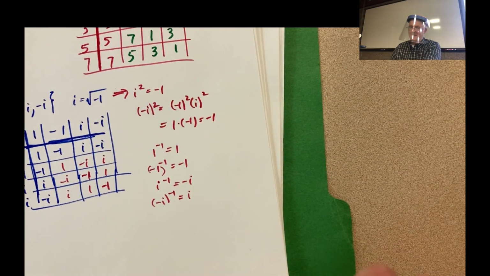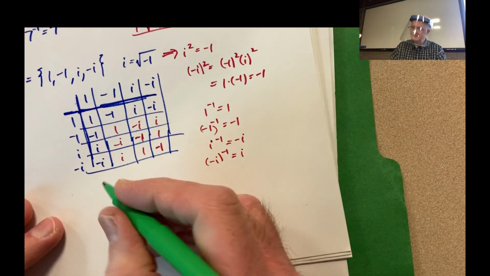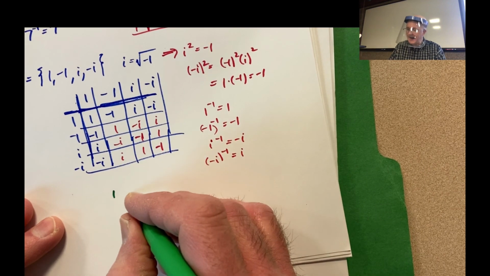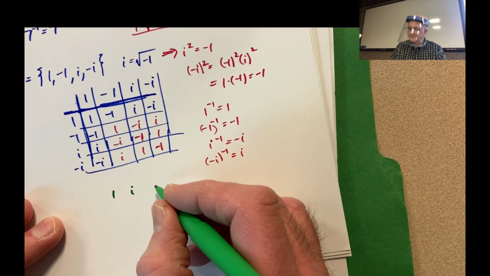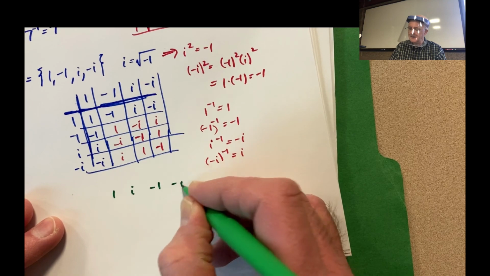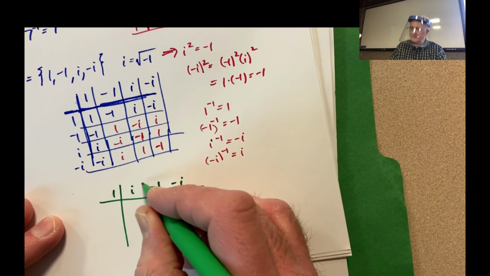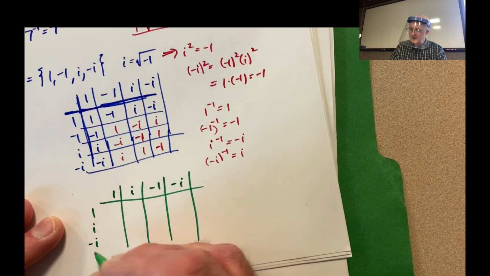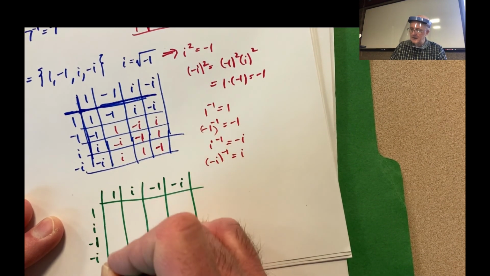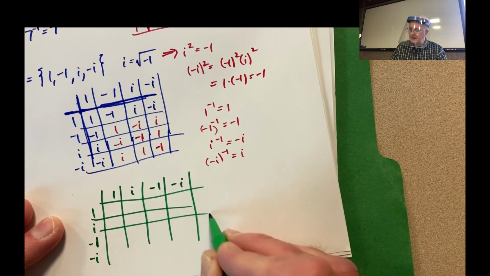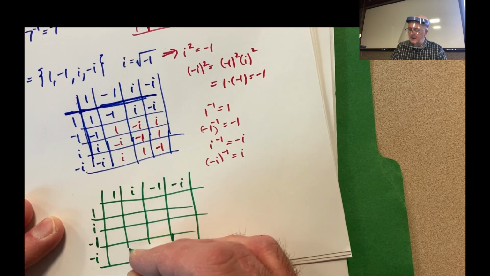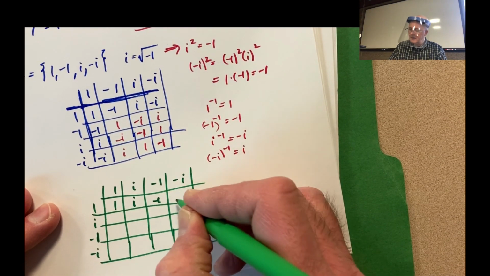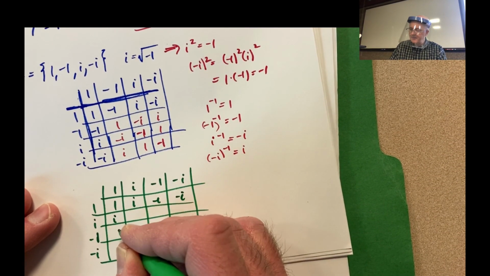If I rearrange this table and put, say, I after 1, say in this order, then the tables would match up the pattern. And you could check it.